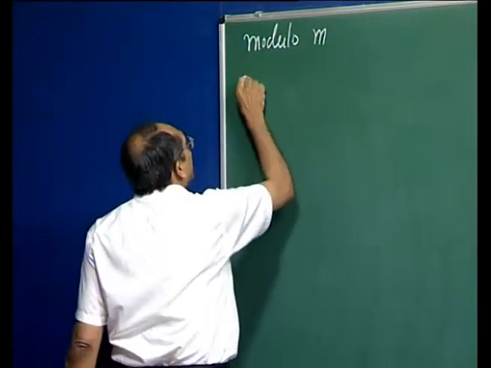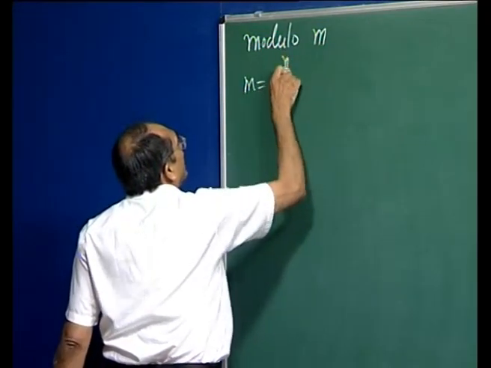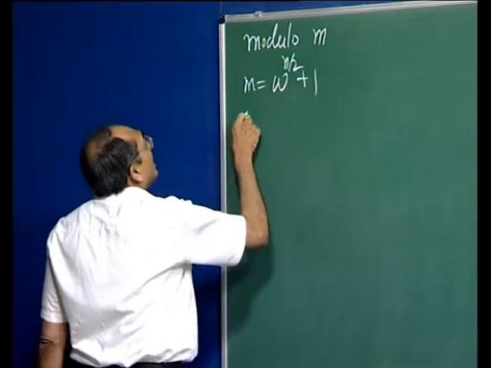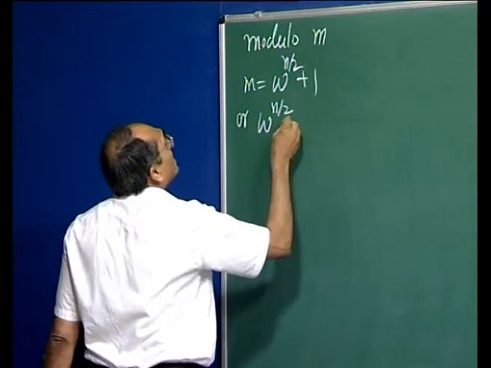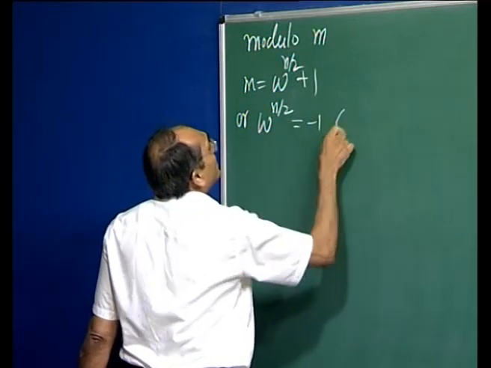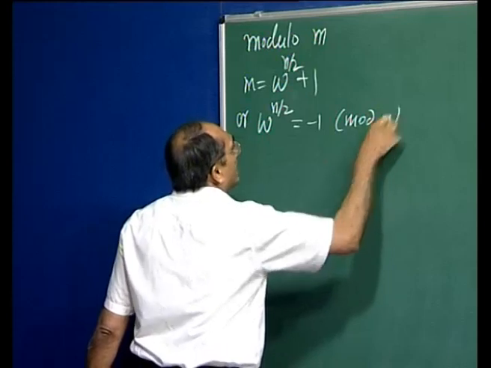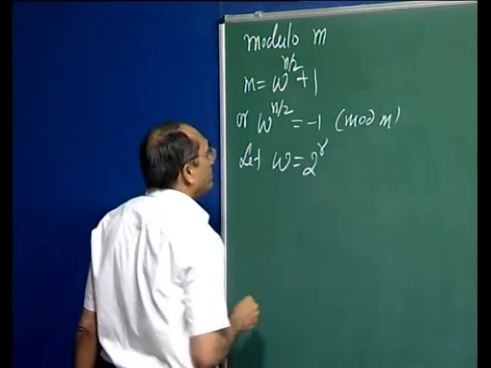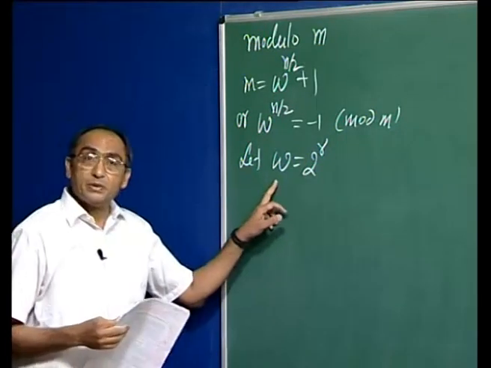Now, m is w power n by 2 plus 1, so w power n by 2 is minus 1 modulo m. Now, let w be 2 power r. Notice we had assumed w is a power of 2.